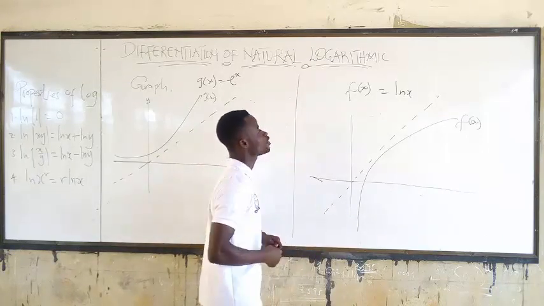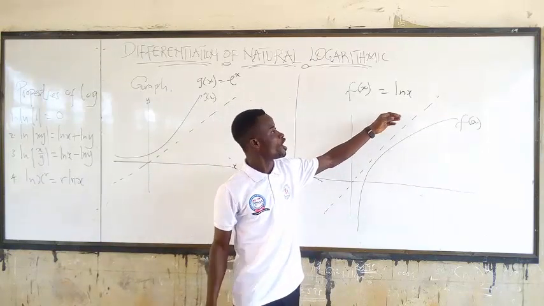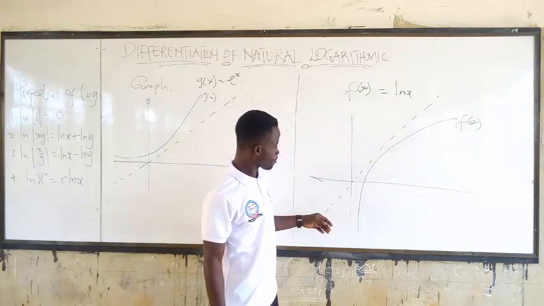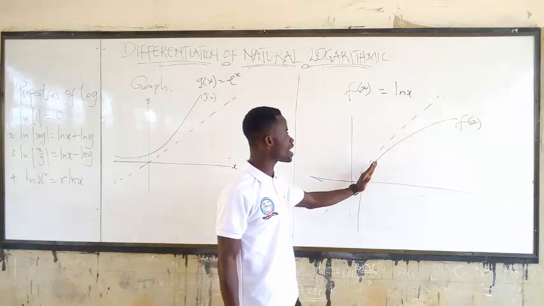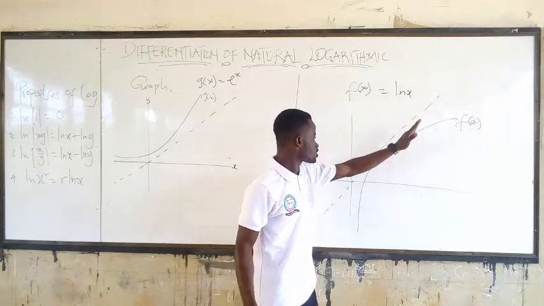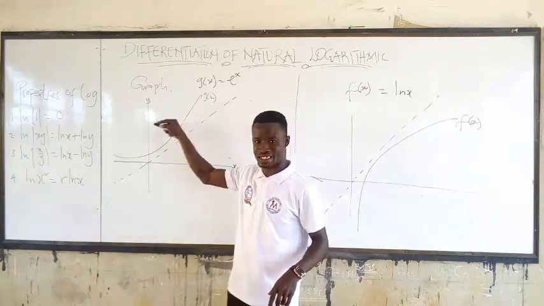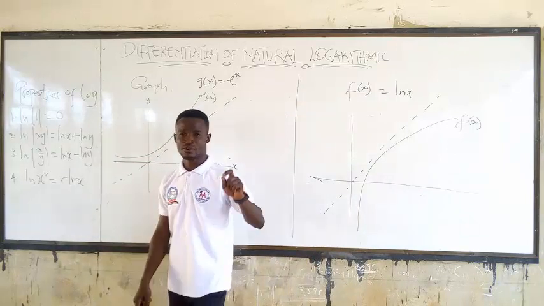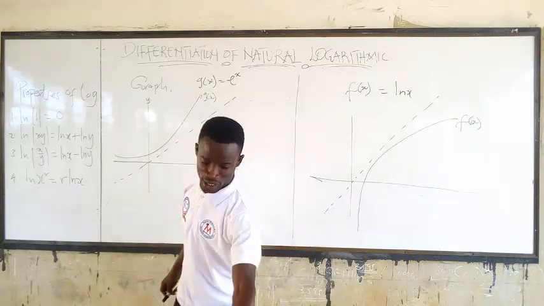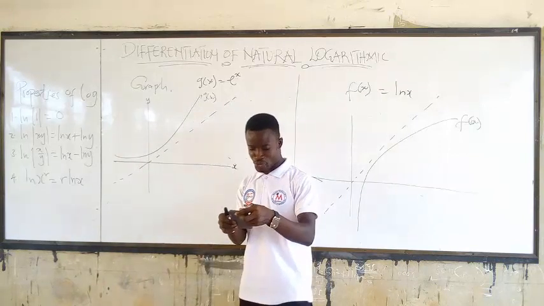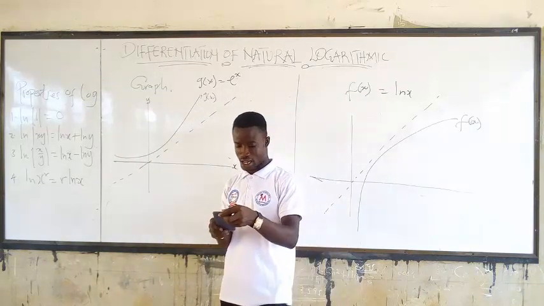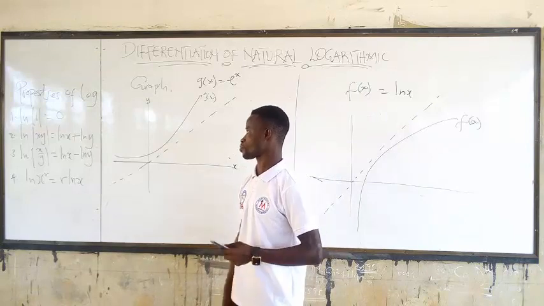Alright, and when you have f of x equal to ln x, it's also behaving like this, but there is also an asymptote here. So when we go to the properties, you can take your calculator, and when you press ln 1, you are going to get 0.